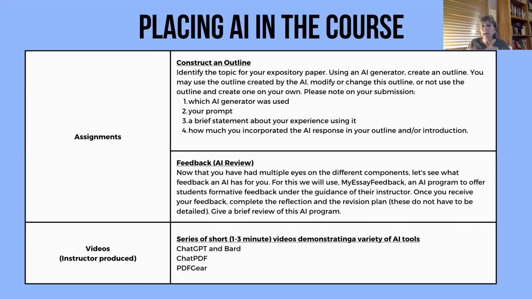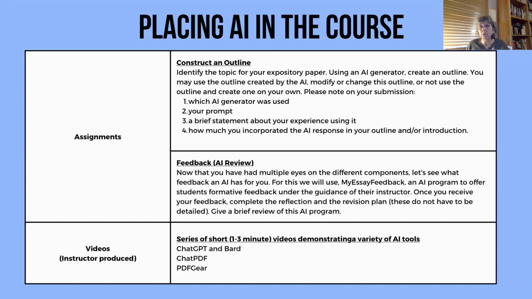But every time I ask the students to use an AI, they always have to tell me these 4 things. What tool did they use? What was their prompt? I want the exact words of their prompt. A brief statement about how their experience was, and what percentage of that AI response they incorporated into the assignment. So they always have to tell me those 4 things every time they use AI.